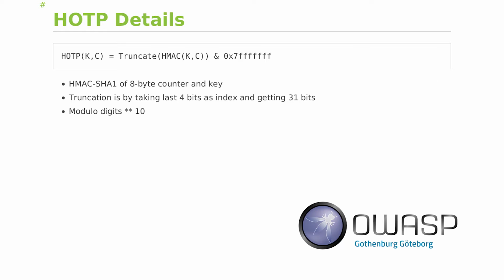Details, boring details, some might say. It's an HMAC SHA-1 of an 8-byte counter and a key that is truncated down to 6 or 8 digits. It's truncated by taking the 4 last bits as a reference into the 20-byte answer. But that's just details. It ends up with a 6-digit code, or 8 digits if you want.